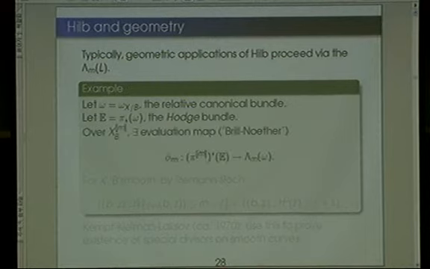And then if you're working over the Hilbert scheme, there is this fundamental map going from the pullback of the Hodge bundle to the mth tautological bundle associated to the canonical bundle, which simply takes a global differential and restricts it on a subscheme, on a collection of points, so to speak.